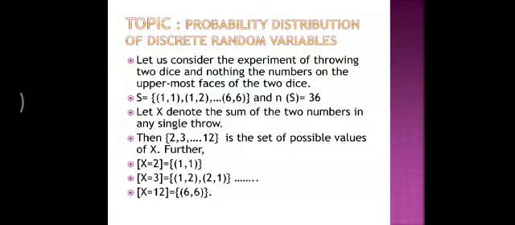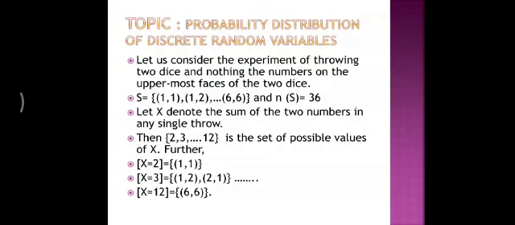Further, if we consider capital X equal to 2, what does it mean? Capital X means the sum of the two numbers in a single throw. Means the addition will be 2. Then we get only one possible outcome, that is ordered pair (1, 1). Like that, X equal to 3 means the addition will be 3.